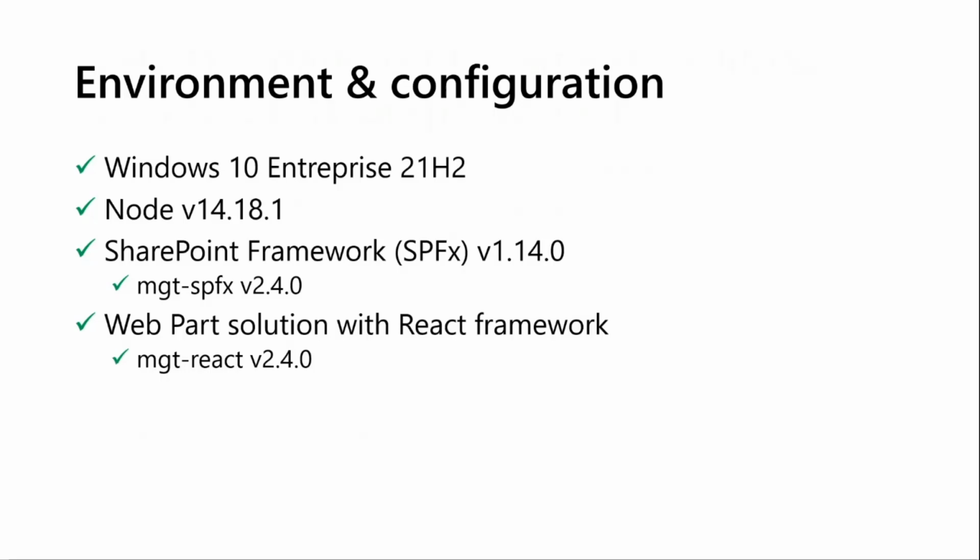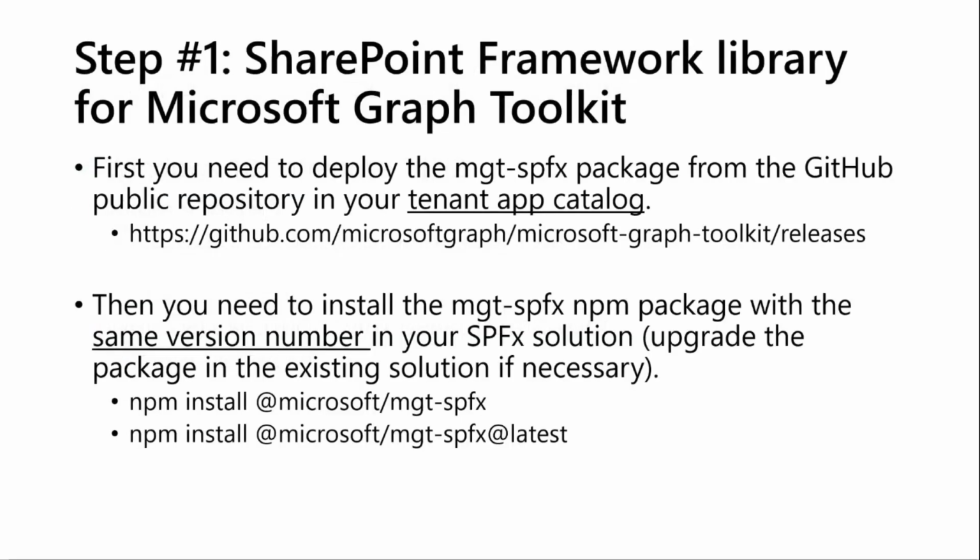So just to start, the first step to configure a project: you need to manage the SharePoint Framework library for Microsoft Graph Toolkit. First, you need to deploy the mgt-spfx package from the GitHub public repository, and you need to deploy this package on your tenant app catalog. I will show you the link in the demo.